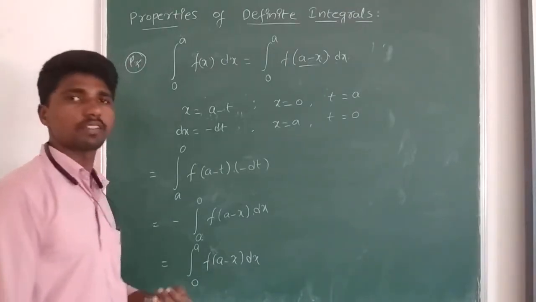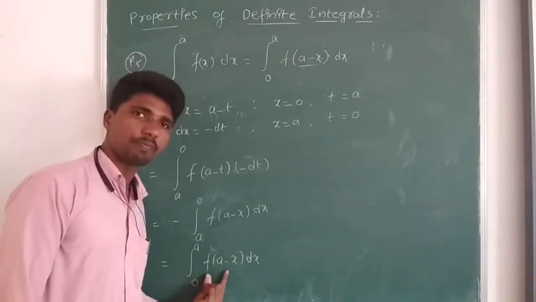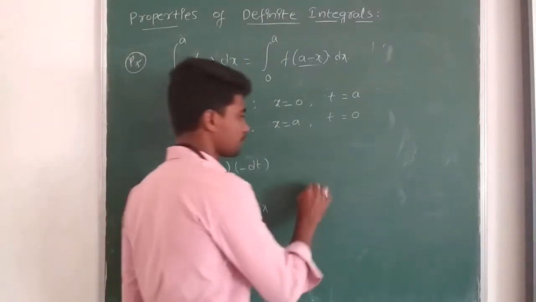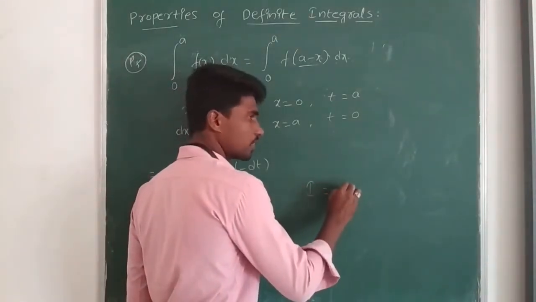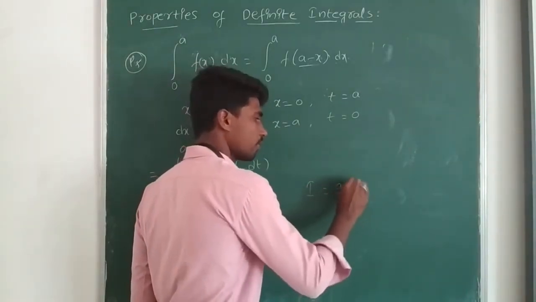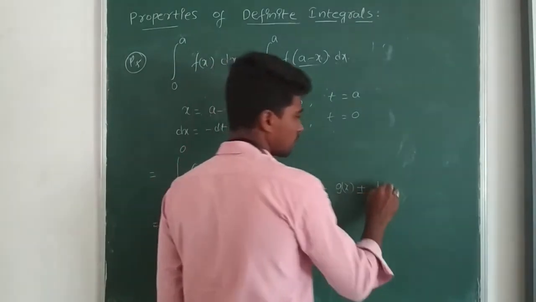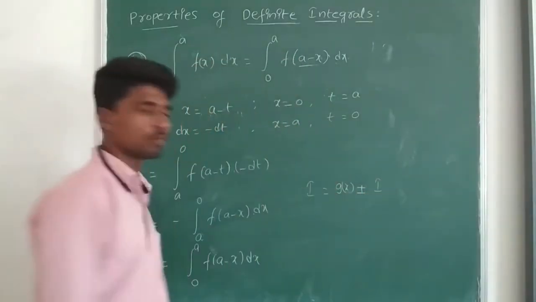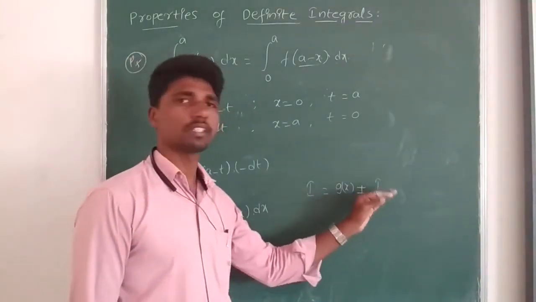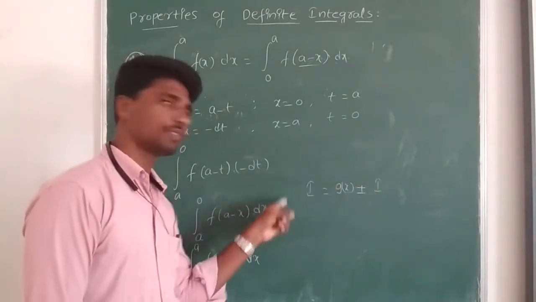With the help of this conversion, I can convert the given integral as some function or constant plus or minus I. Most of the cases we get minus I. So g of x plus or minus some constant times I. If I convert like this, you can transfer I to the left side.